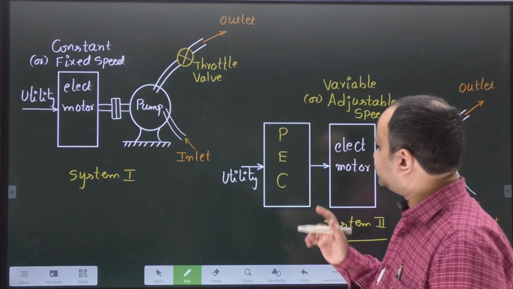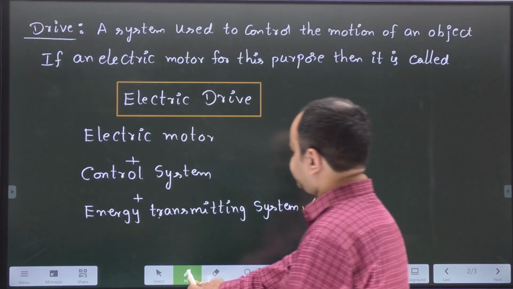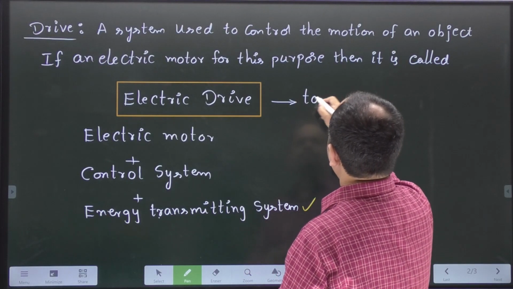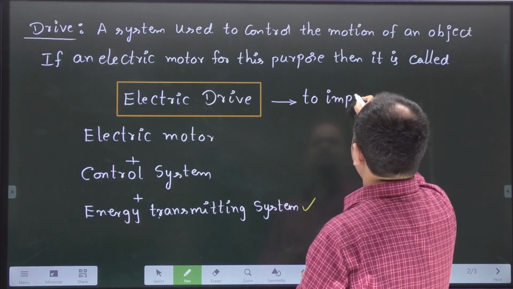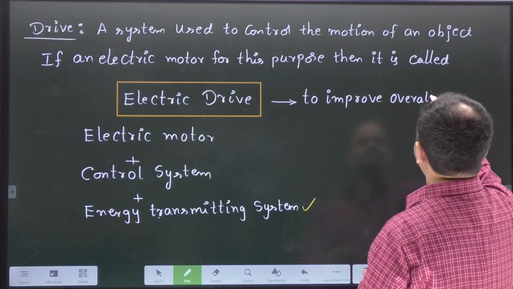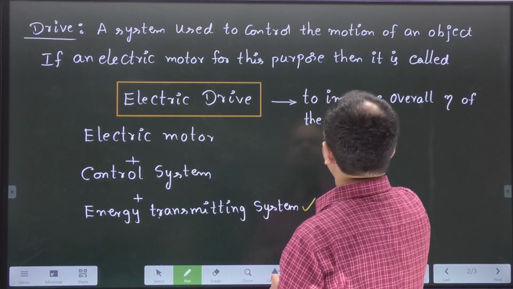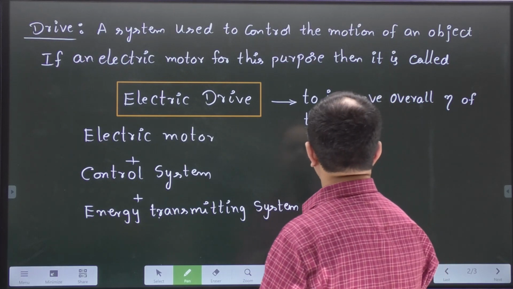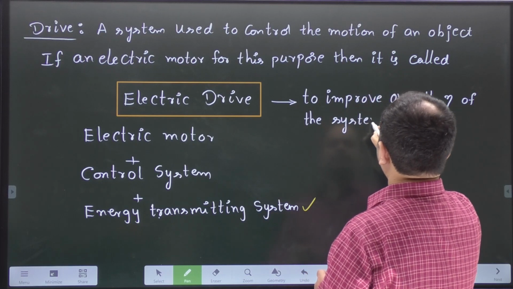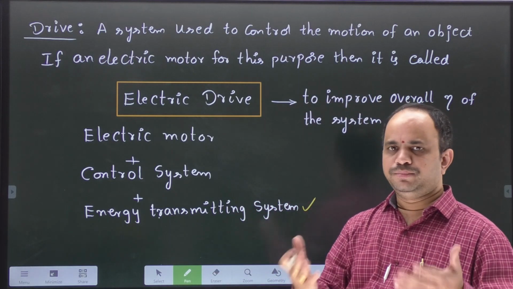Therefore, from this example, we can say the basic purpose of an electric drive, by using power electronic based converters, is to improve the overall efficiency of the system.